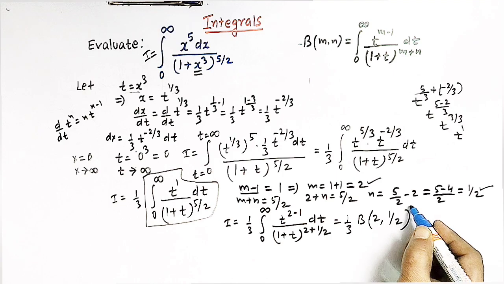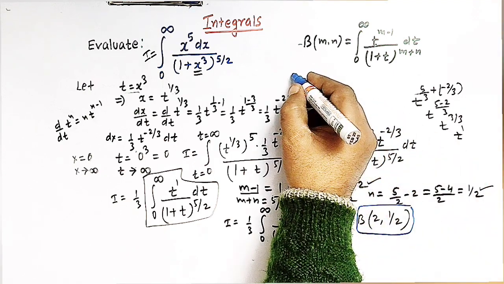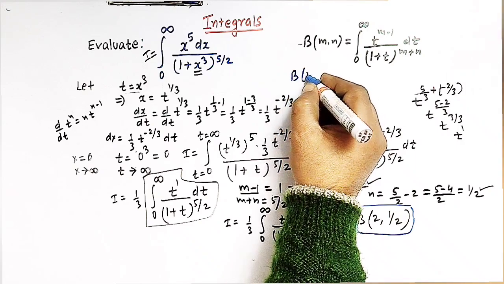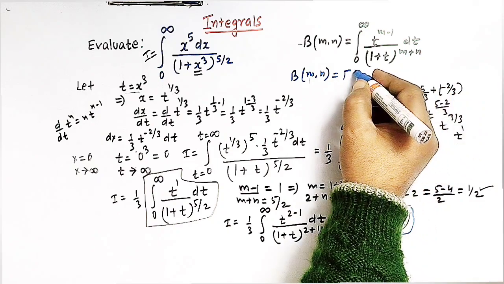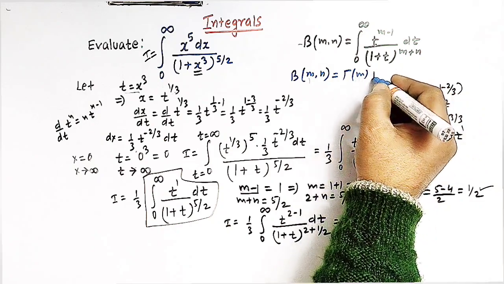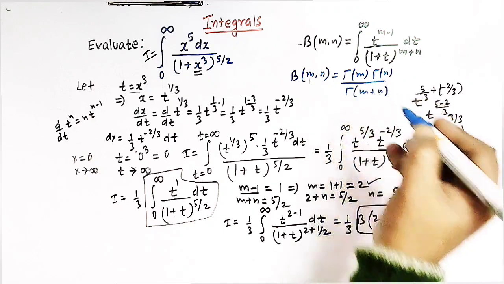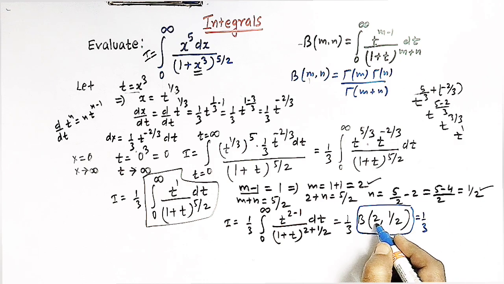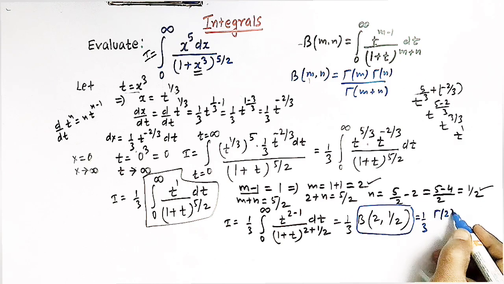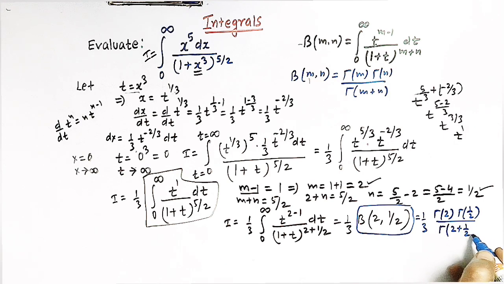So let us now calculate the value of this beta function with the help of this important relation between the beta function and the gamma function. Beta function is equal to gamma m times gamma n divided by gamma of m plus n. So here we have 1 over 3, and then we can write gamma 2, then gamma half, and in the denominator gamma of 2 plus half.